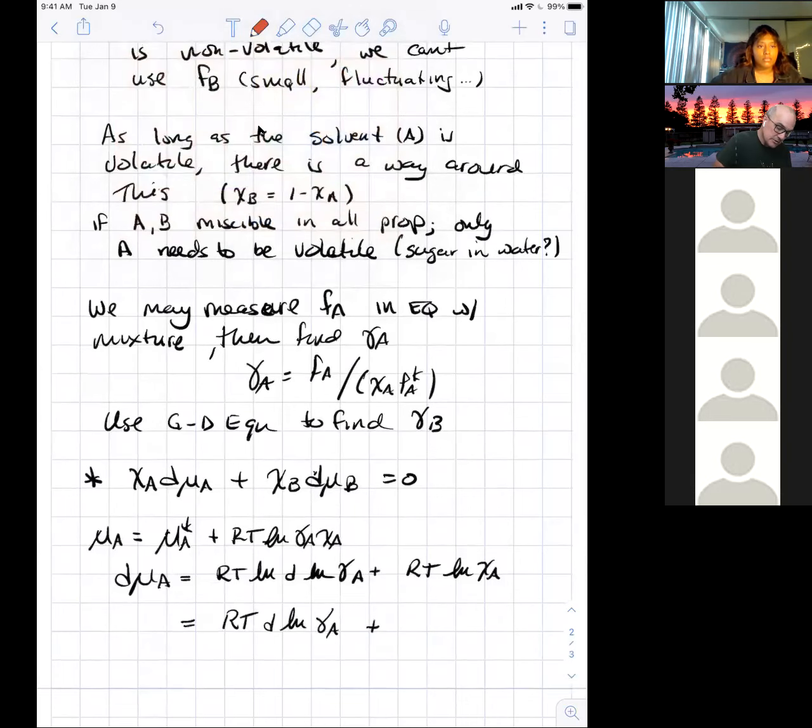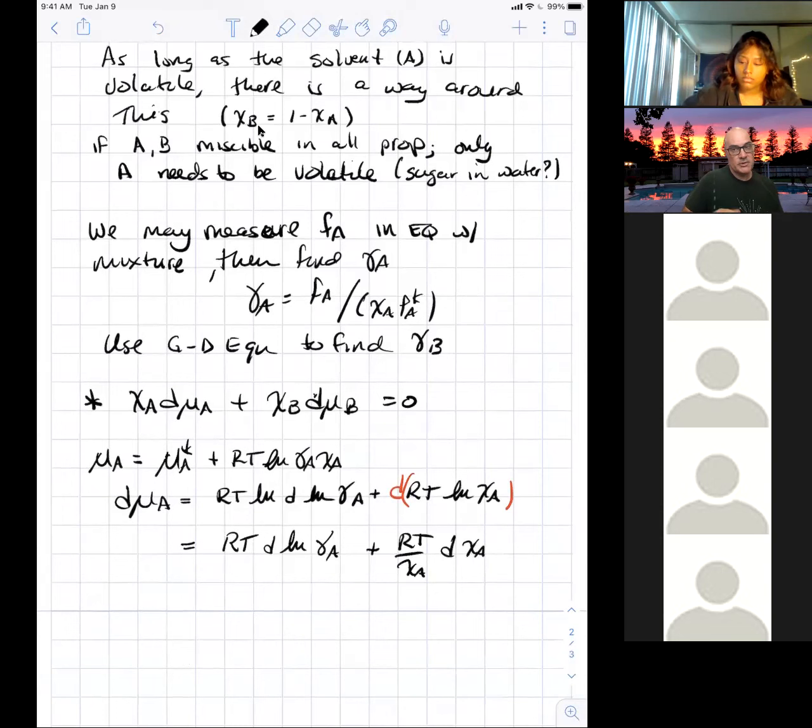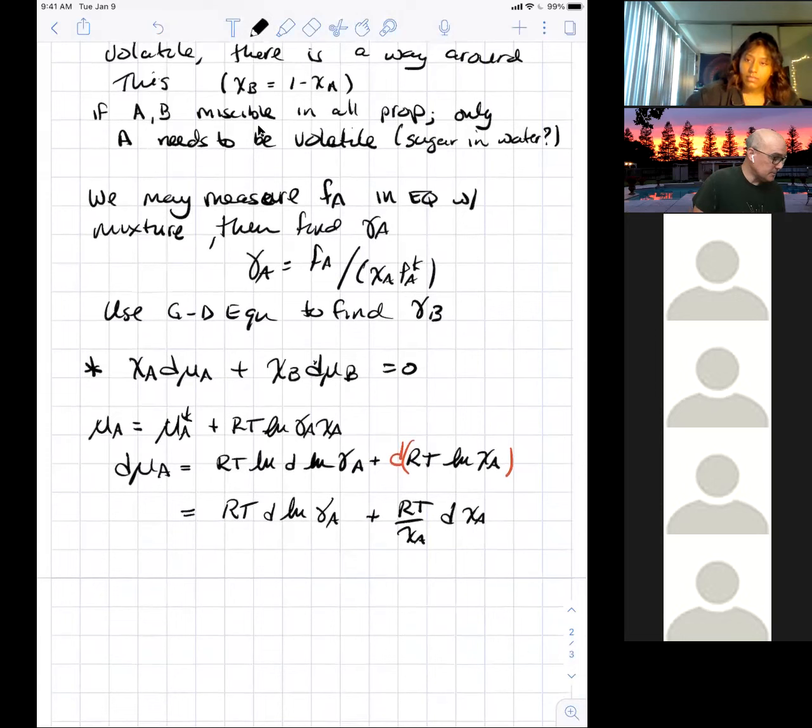Show you what I missed here. There should be a d here. All right, so then we get RT over XA, dXA, right? So we're doing that identity only for the mole fraction part, not for the activity coefficient part.